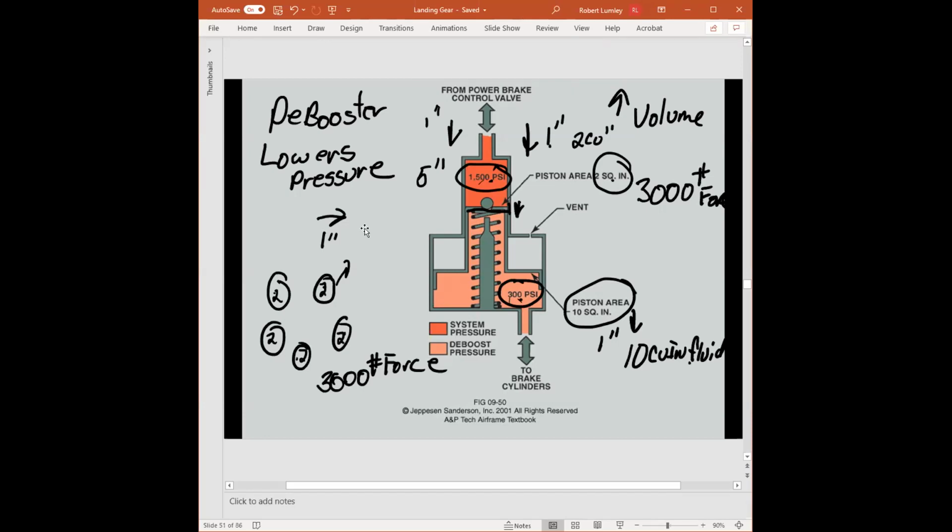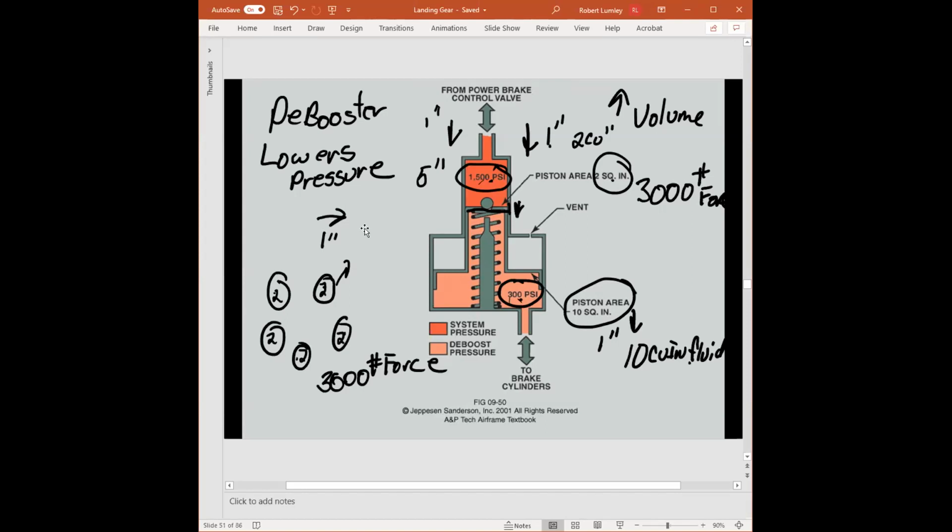A brake debooster valve is installed in a system where the high pressure of a hydraulic system, 3000, used to operate brakes that are used on aircraft having high landing speeds that are designed to work with lower pressure. I don't like that answer either, but that's what it is for that one.